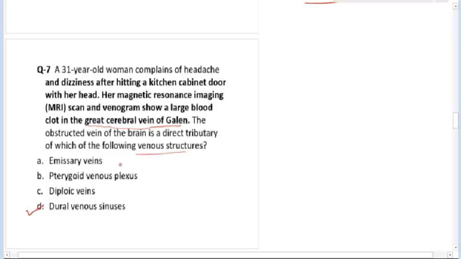What is an emissary vein? An emissary vein connects the dural venous sinuses with veins of the scalp.